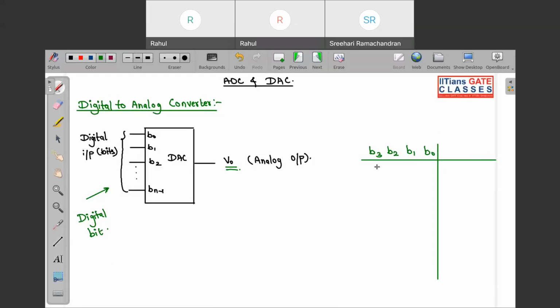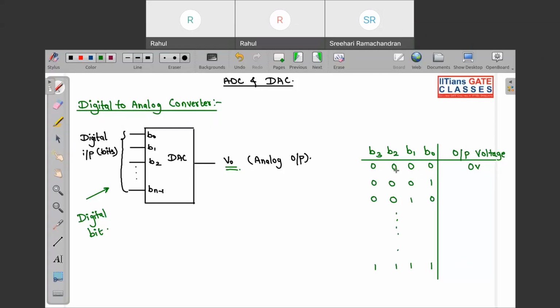This DAC can take input from 0 0 0 0 like this till 1 1 1 1. The corresponding output voltage, let me assume for 0 0 0 0 it will be 0 volt.